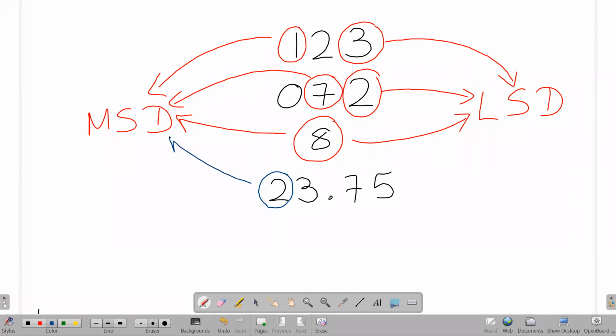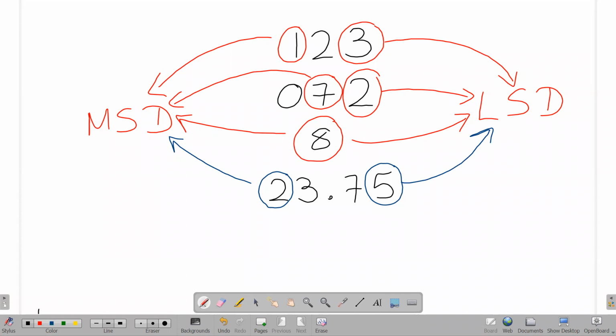So 2 is going to be the most significant digit. And for the decimal part, it's going to be the rightmost value after the decimal point which is not a 0. So in this case, 5 is going to be the least significant digit, right?